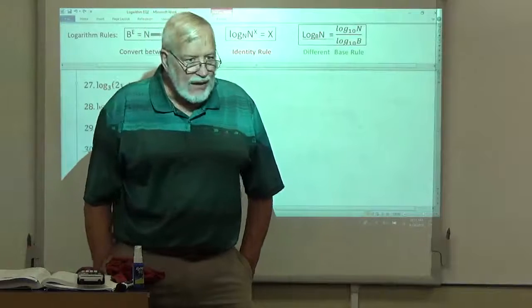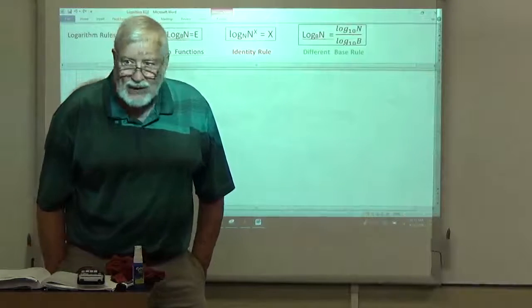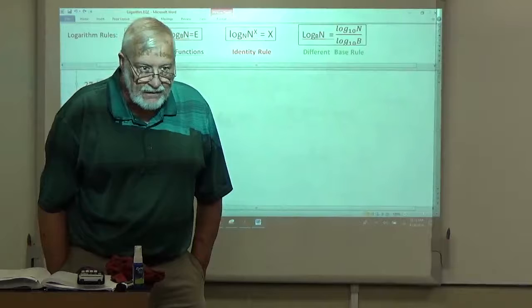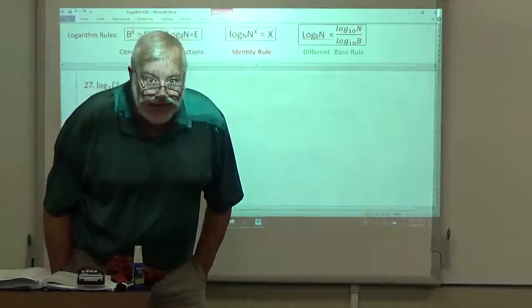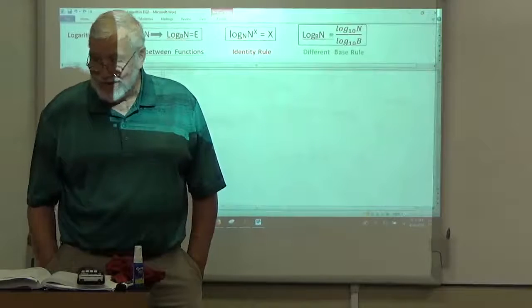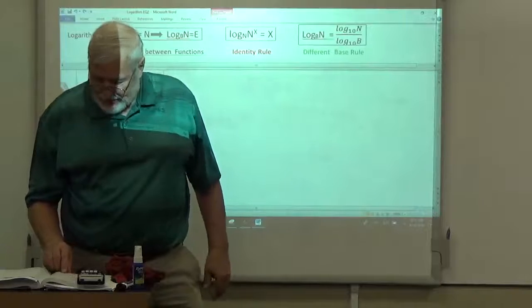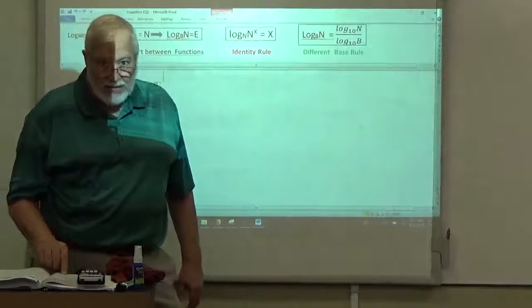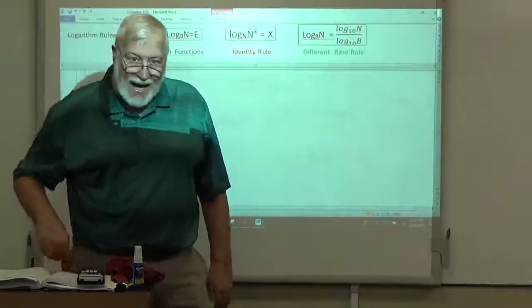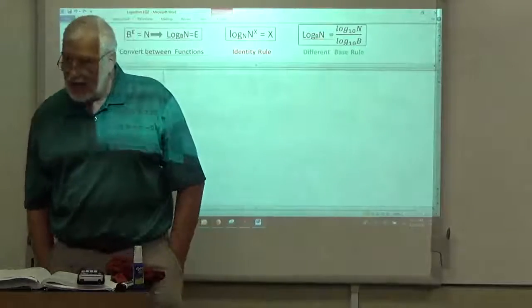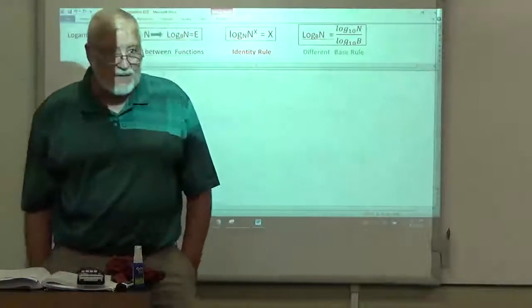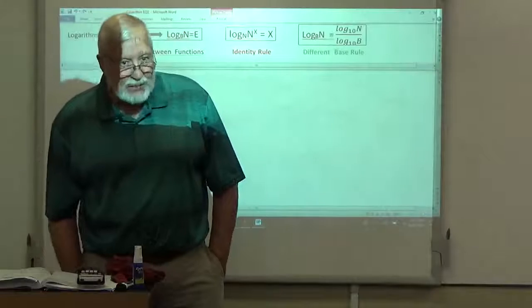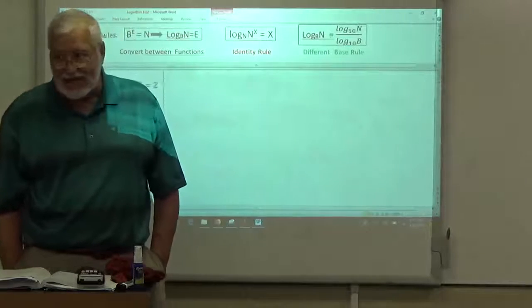So what will I do with the log of 2 and the log of 5? Add them. In this case, you're going to take 0.301 and add 0.699, because those two numbers as products means that you add the exponents.